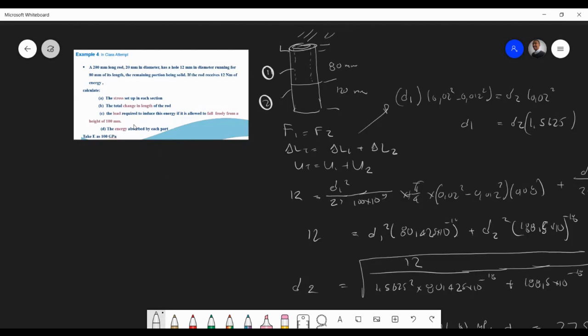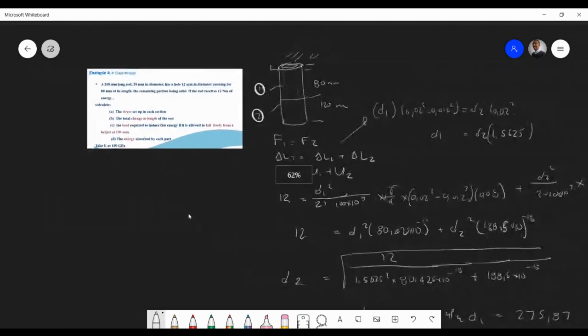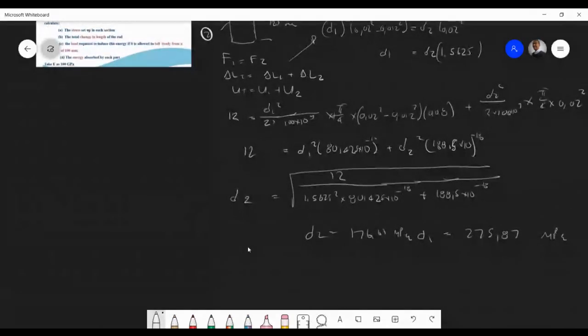Next part is the total change in length. Obviously, because it's a series example, we know what to do here. Stress times length, so member 1. Member 1 is 0.120 over 100, times 176.61.